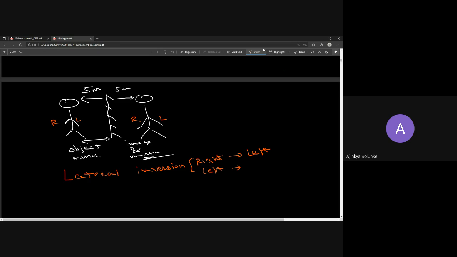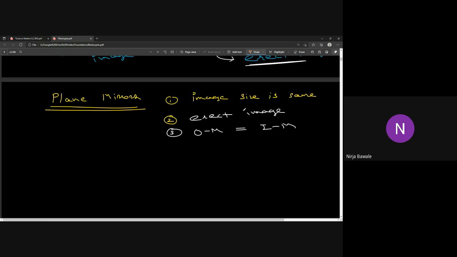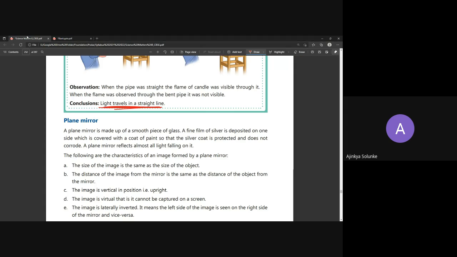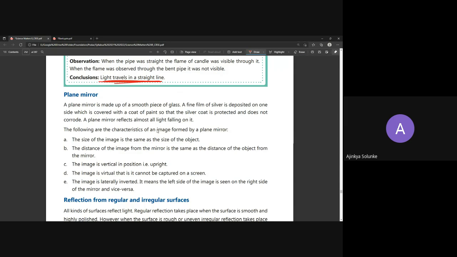So do we have this in our home mirrors, lateral inversion? Yes. Obviously we have. Lateral inversion, definitely we have. Okay, so this is another point we have added. So let us see how many points we have covered. Size of the image, same as the object. Distance is equal.